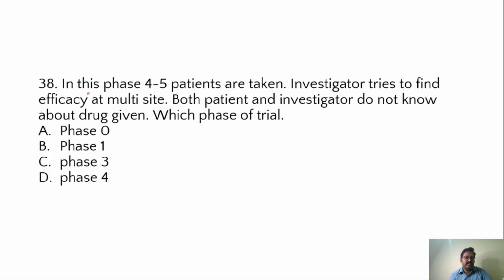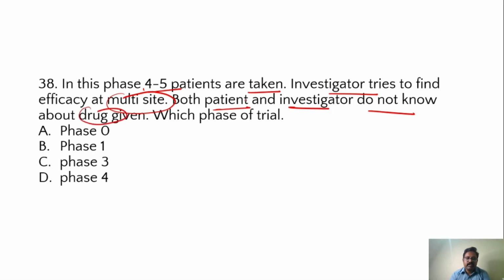So next, coming to the next question: in this phase, 4 to 5 patients are taken. The investigator tries to find efficacy at multiple sites. Both the patient as well as the investigator do not know about the drug given.